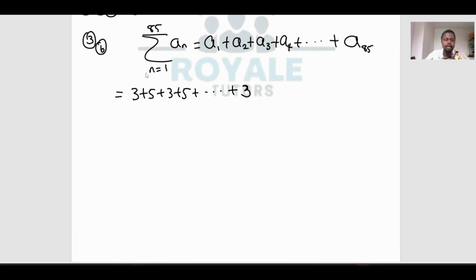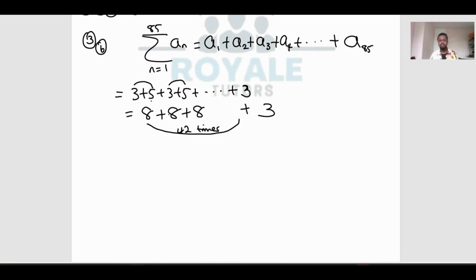So if I decide to pair them up, this, this, the next two, I will realize that I'll be adding 8 because 3 plus 5 is 8 together 42 times. Then I'm going to add 3. How did I get that? Divide 85 by 2, you get 42 with a remainder of 1.